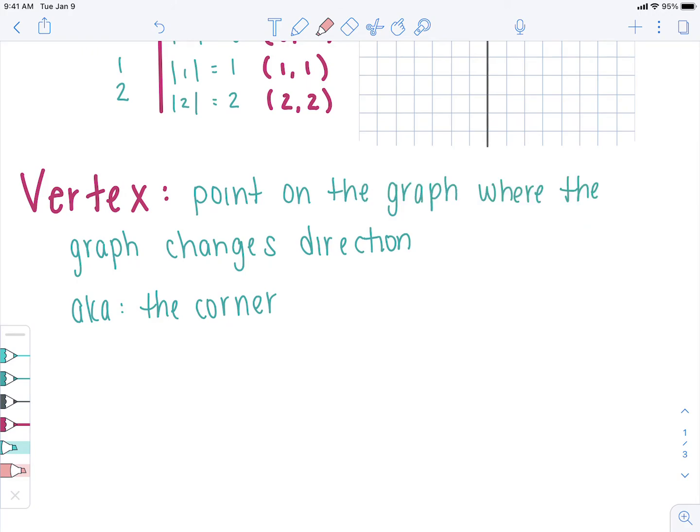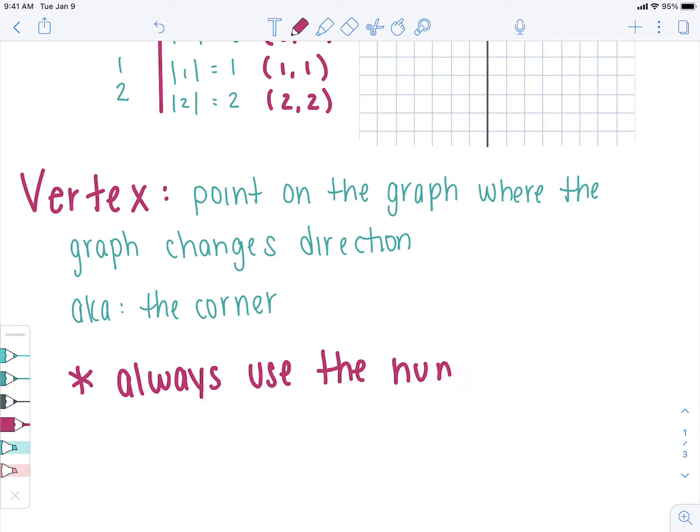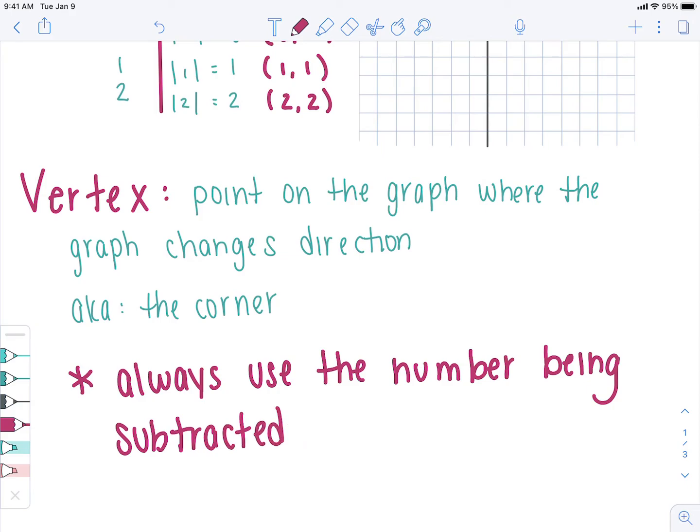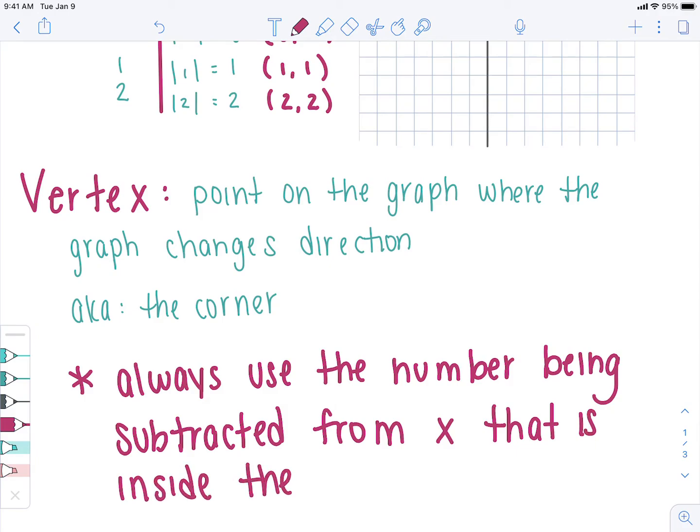So when we go to pick out the numbers to put in our table, we want to always use the number being subtracted from x that is inside the absolute value.